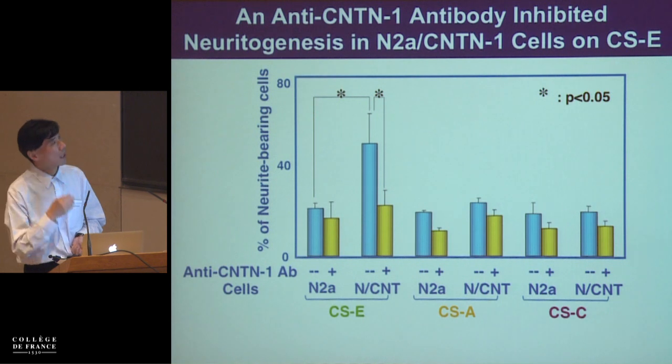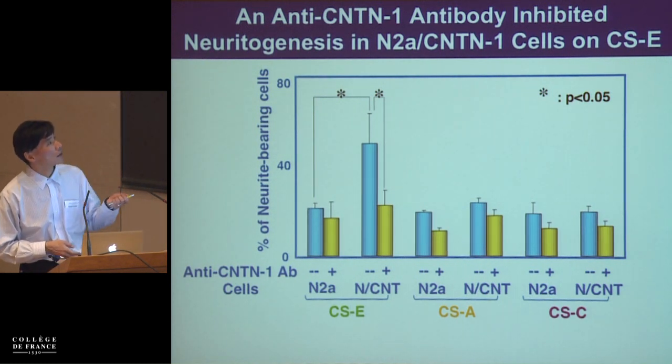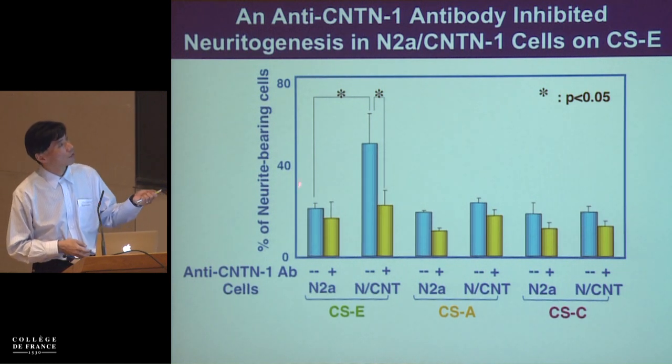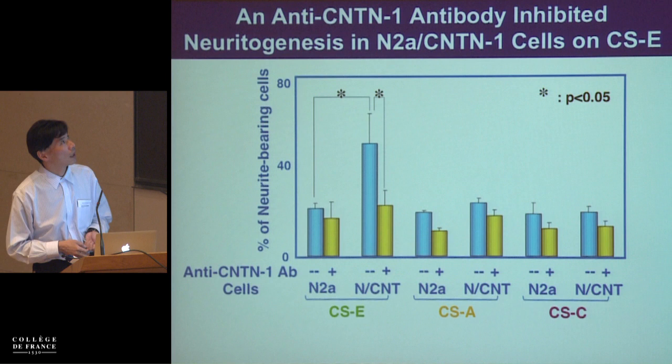Similarly, as judged by the increased fraction of neurite-bearing cells, strong neurite promoting activity was observed on chondroitin sulfate E, but not on chondroitin sulfate A or C.